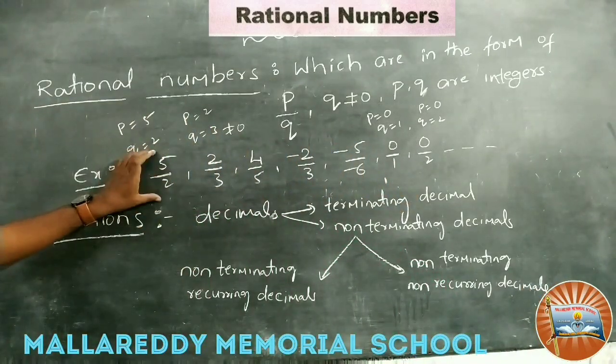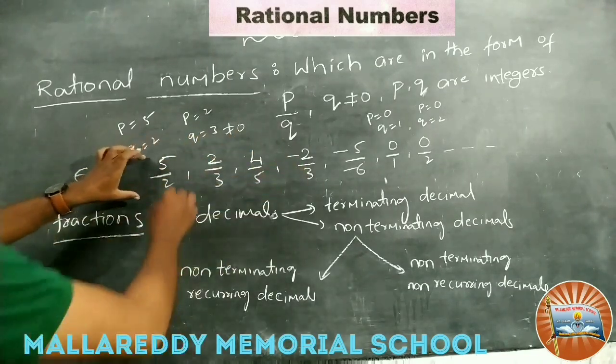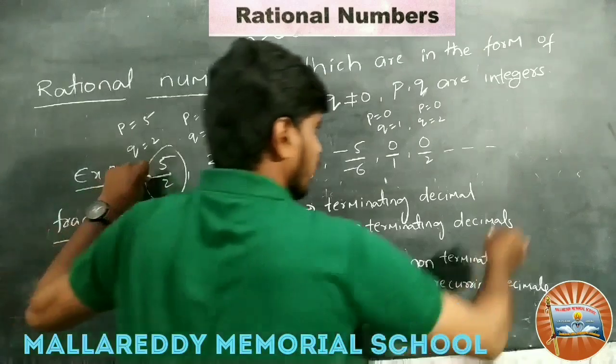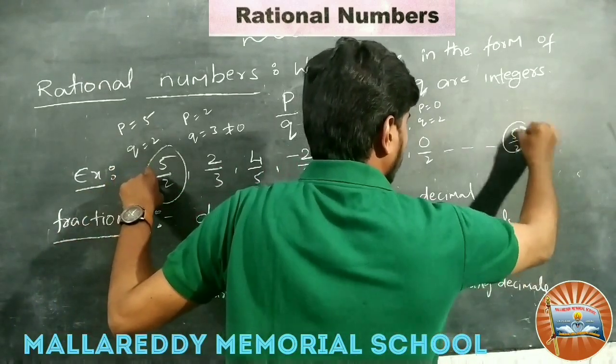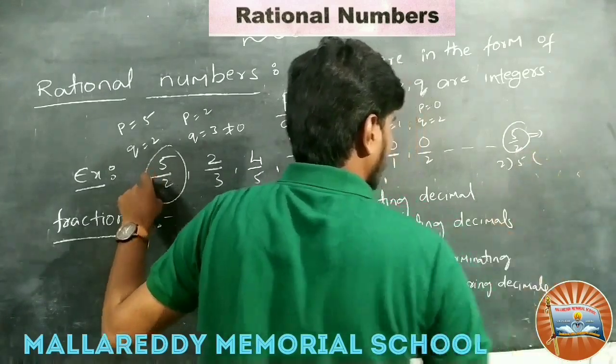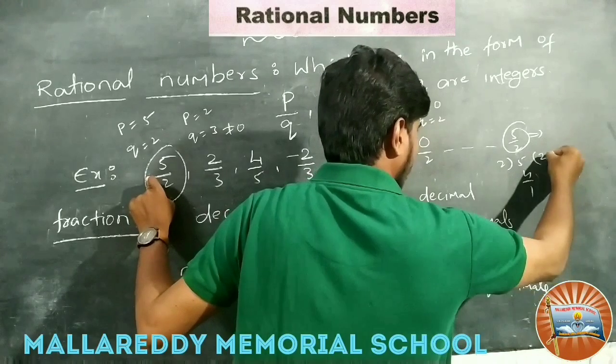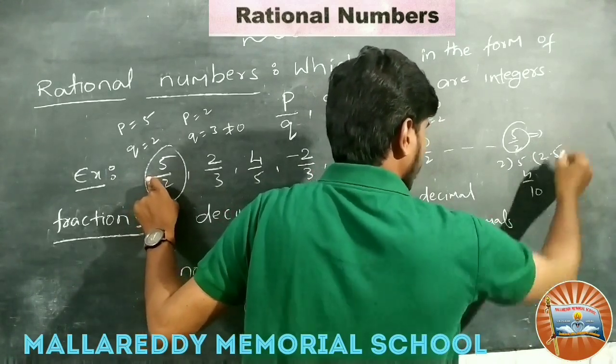In this, 5 by 2, 2 by 3, 4 by 5, minus 2 by 3, I am taking 5 by 2. This we can write in decimal form. Look here, I am dividing 5 by 2. 2 2s are 4, 1 is the remainder, take a point here. 2 5s are 10.